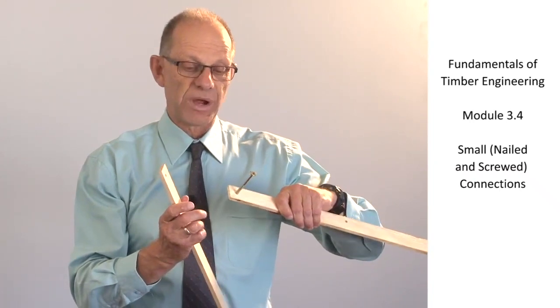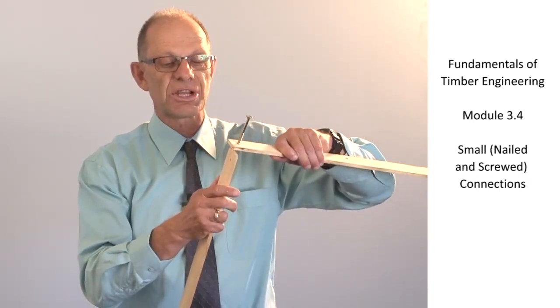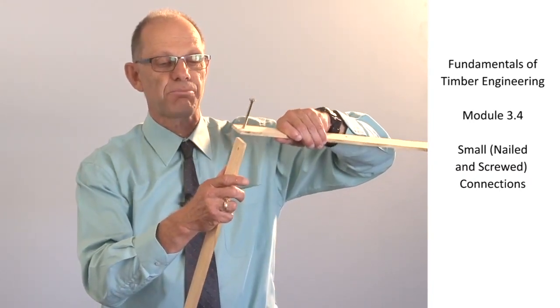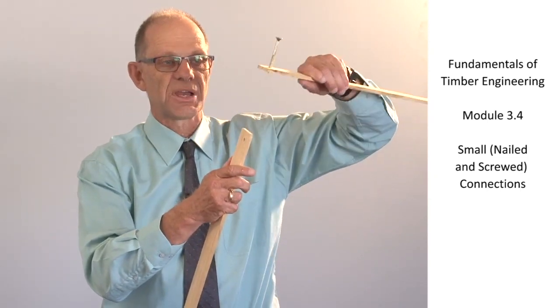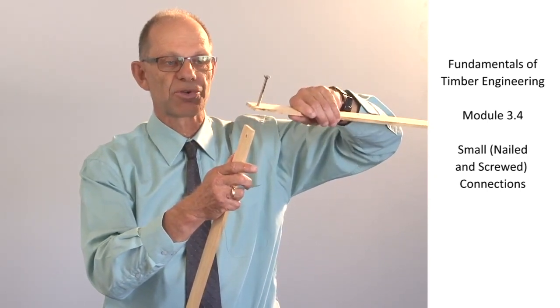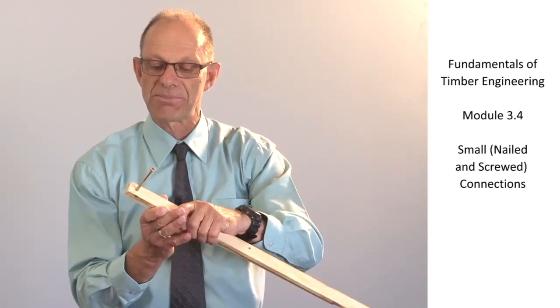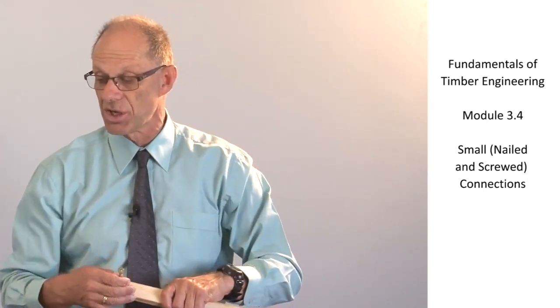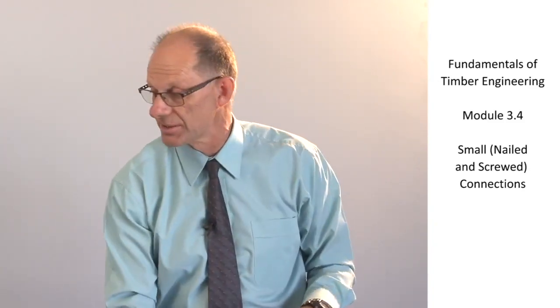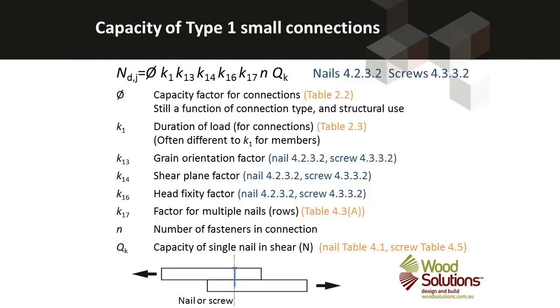So that's a type 1 connection. A type 2 connection would be this one here, where I'm pulling the upper one off and that is putting the screw into tension. And screws have about 3 times the capacity in a type 2 connection to the same size nail.